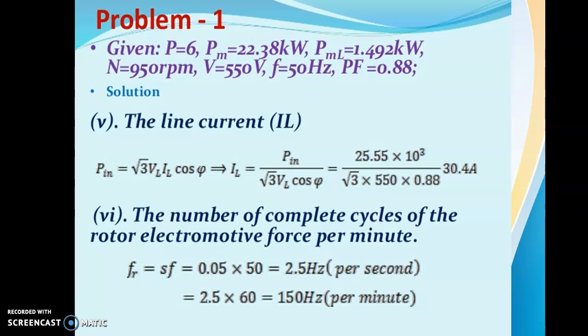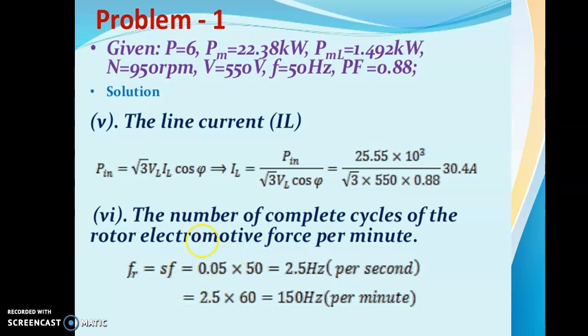Now, the number of complete cycles of the rotor electromotive force per minute. Okay. So we have to calculate FR here, the rotor frequency. We know the formula for rotor frequency is FR equals S into F. S is slip, F is the system operating frequency.